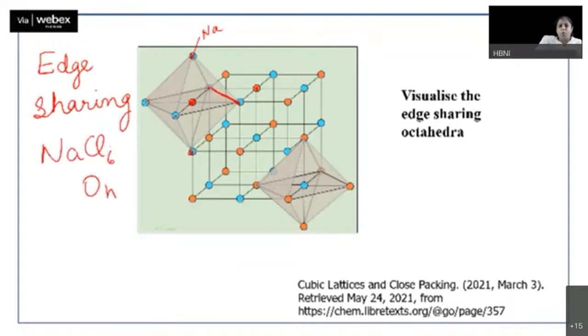And now, because we know that we can interchange our Na and Cl also because they are equal in number, they can also be defined as edge sharing three-dimensional network of ClNa6 octahedra. I hope this is clear. So we have described the 3 ways in which I can describe my NaCl structure.